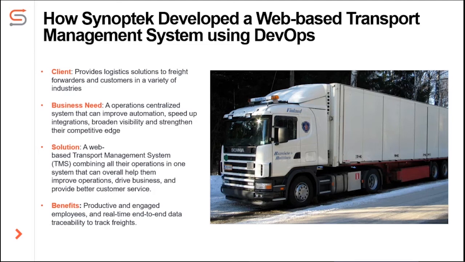So once the centralized integrated system was created, the client was able to integrate 12 different third-party systems with it to increase automation and free up employees to focus on customer service and not technology.